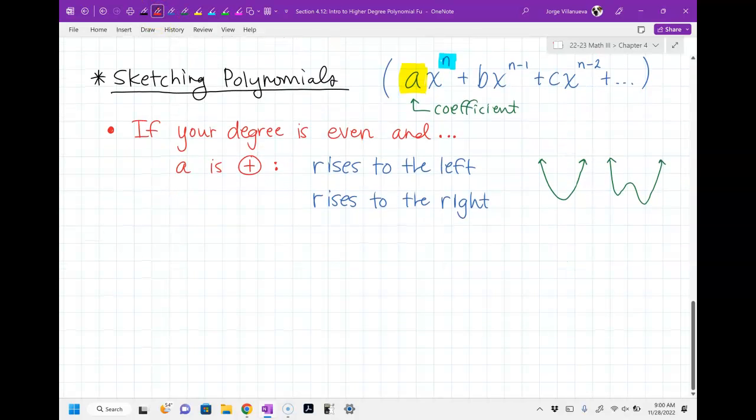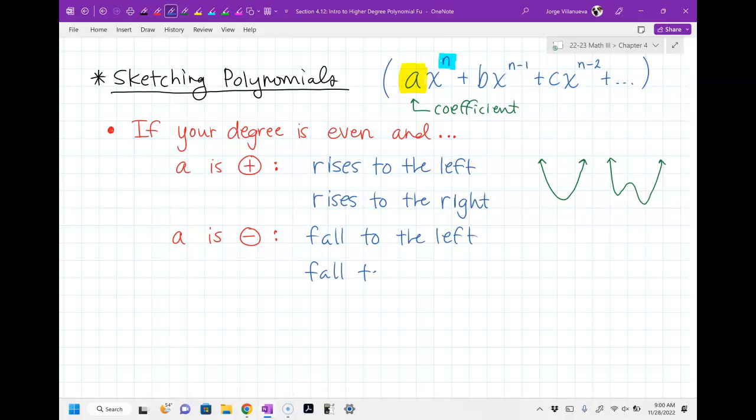If A is negative, then it's going to fall to the left and fall to the right. So the graph may look like this.